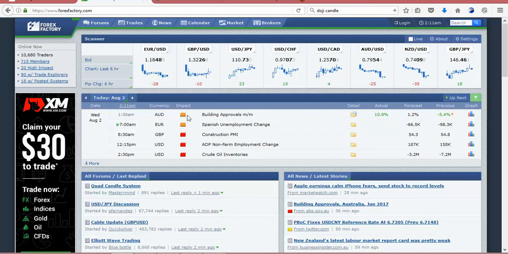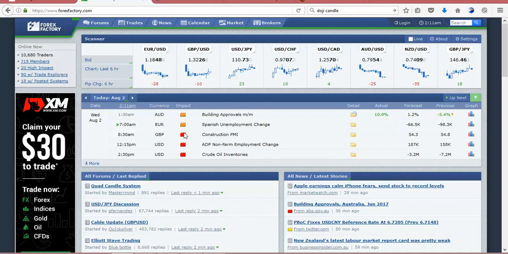So these were the fundamentals that were released during the day. Okay, it is already midnight here. You can see it's 12:03 a.m. here. So we had construction PMI on GBP, then we have the ADP non-farm employment change on the USD, and we had crude oil inventories on the USD.